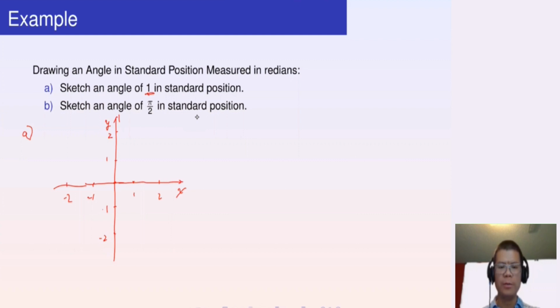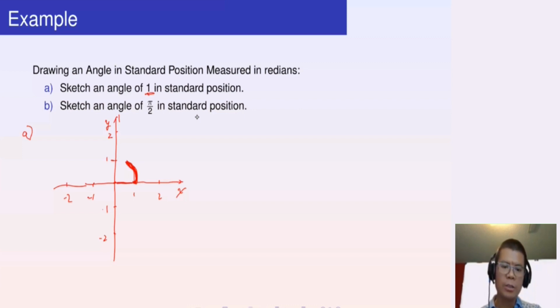How do we draw this one? It's better to start with the unit circle. The unit circle here. This arc should be of length 1, so you can anticipate somewhere here with this length equals 1.